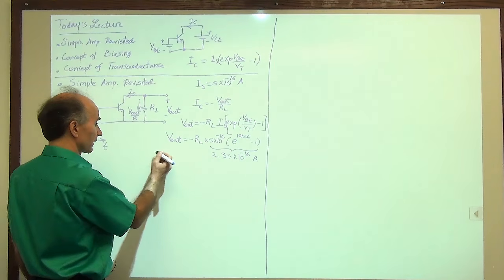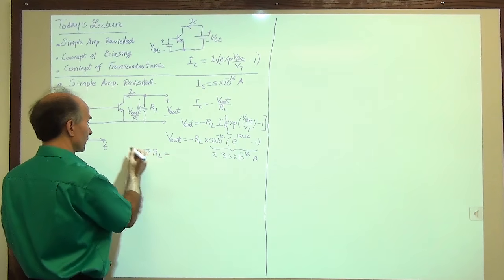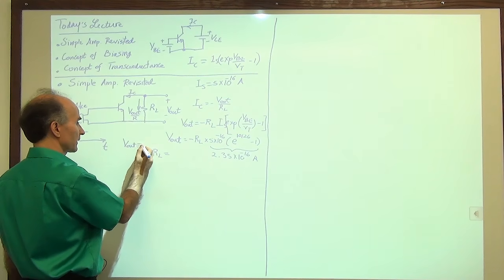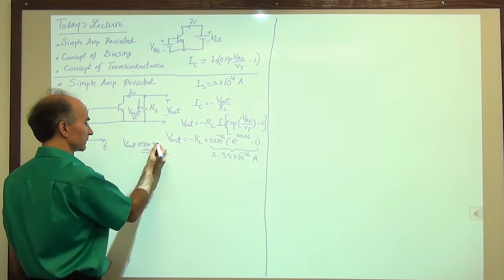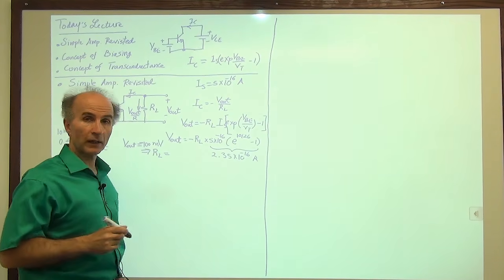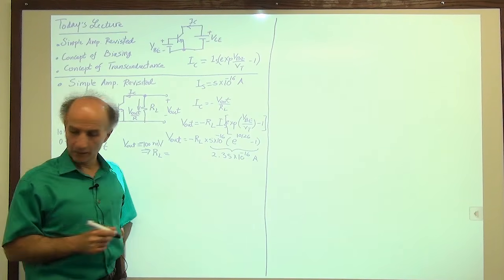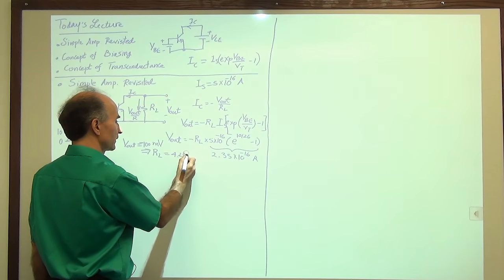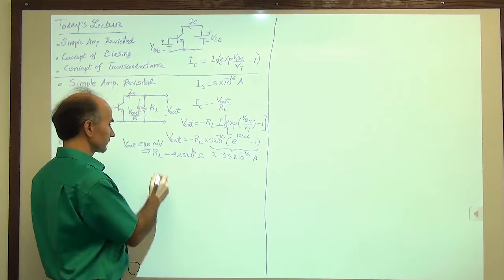So in fact, if you calculate it, let's say V out should be 100 millivolts as an example, or minus 100 millivolts. Then RL has to be, I calculated that to be 4.25 times 10 to the 16 ohms.